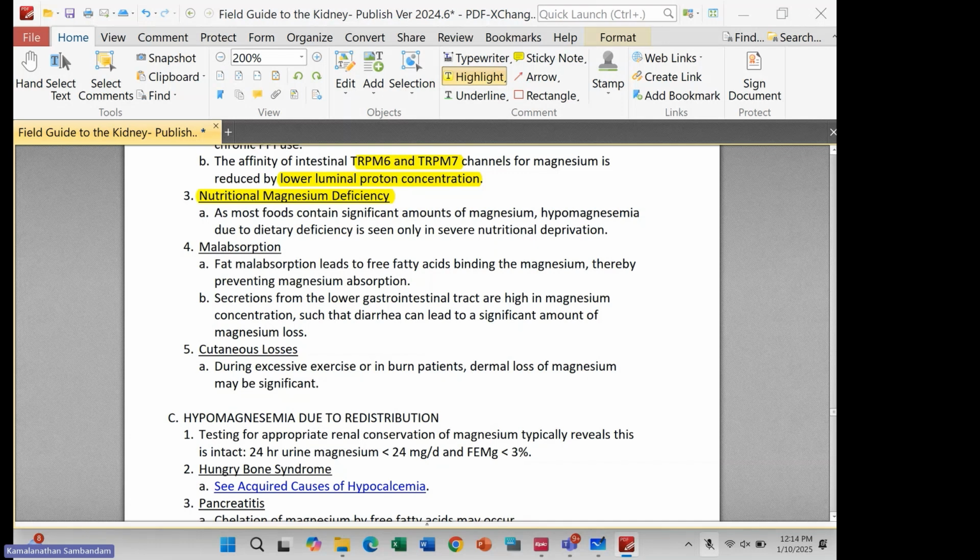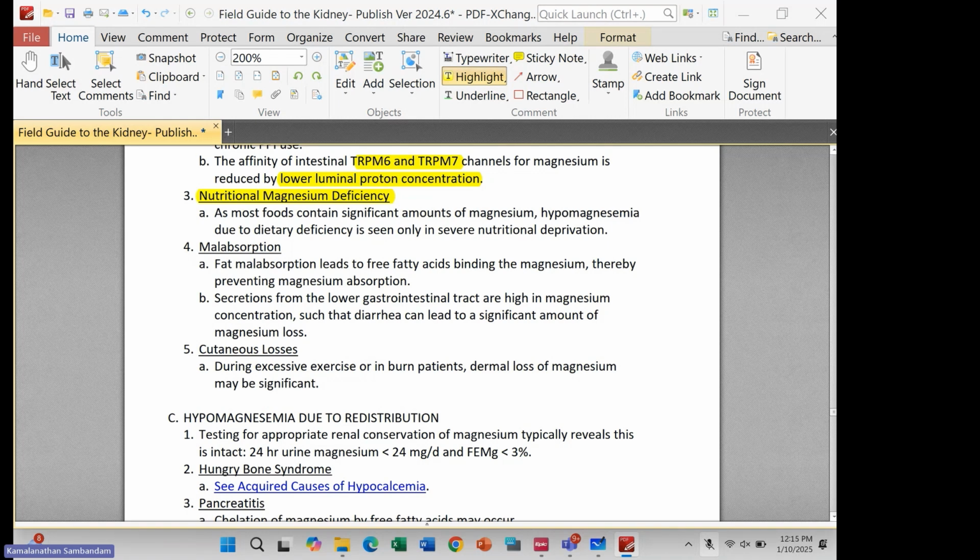So if you keep managing a CNI-induced hypomagnesemia with magnesium supplementation, and you can't seem to get the magnesium up, you should be thinking about peeling off the proton pump inhibitor, switching it to an H2 blocker if you think it's necessary, as a way to combat that magnesium deficiency in the post-transplant patient.